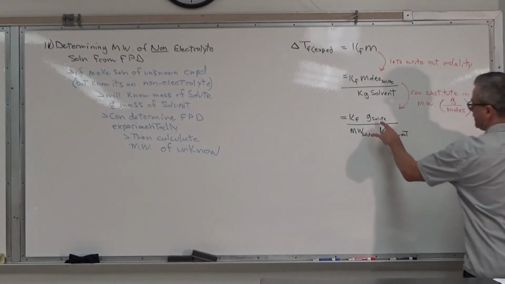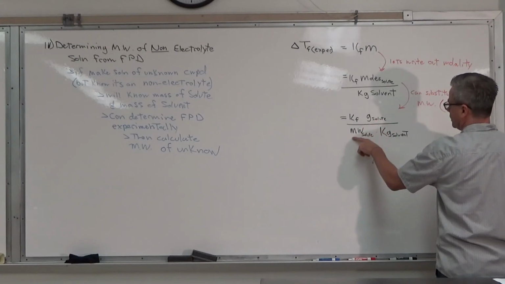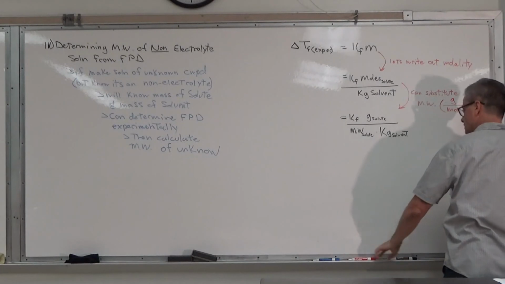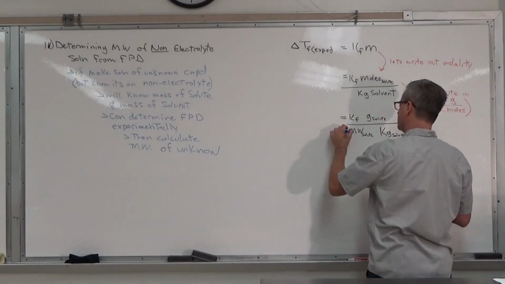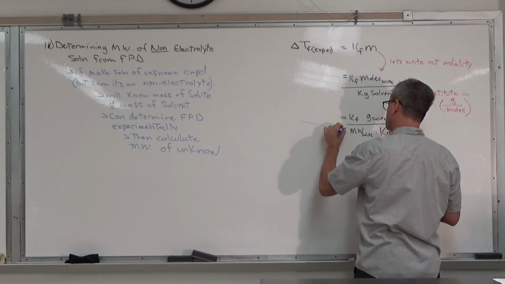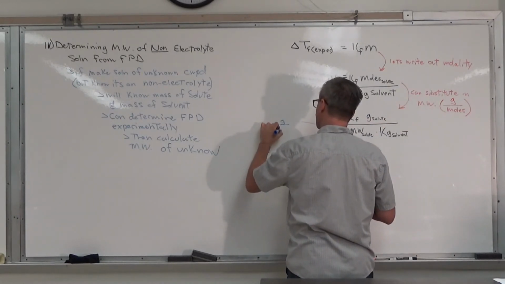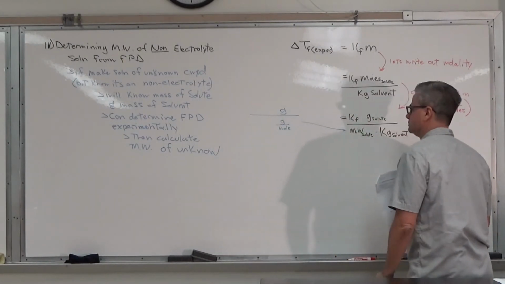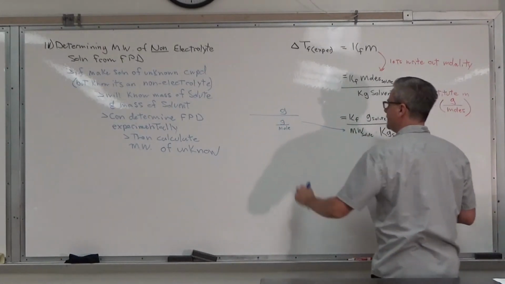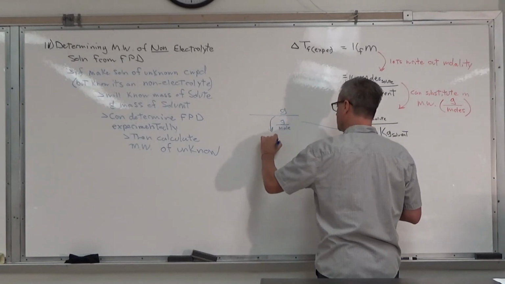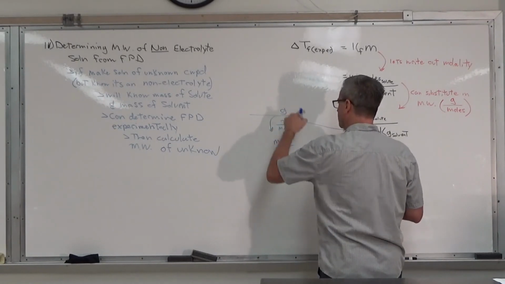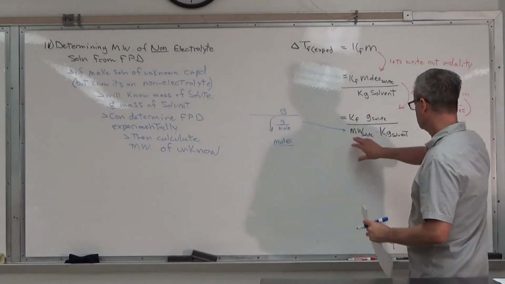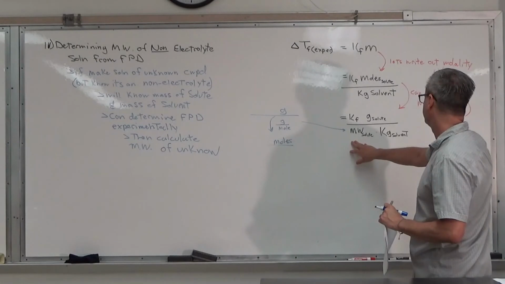That grams of solute over molecular weight of solute is the same as moles, because the molecular weight is grams per mole, and it's over grams, so that translates to moles on the numerator. Does that make sense? If not, pause the video and maybe do it for yourself.